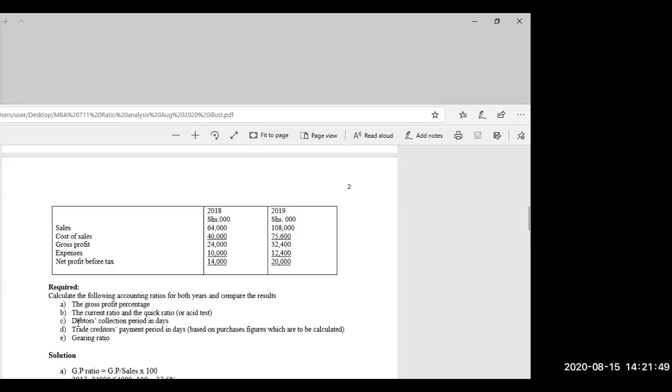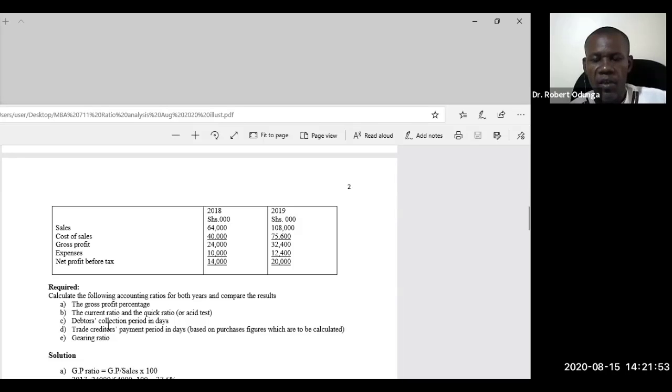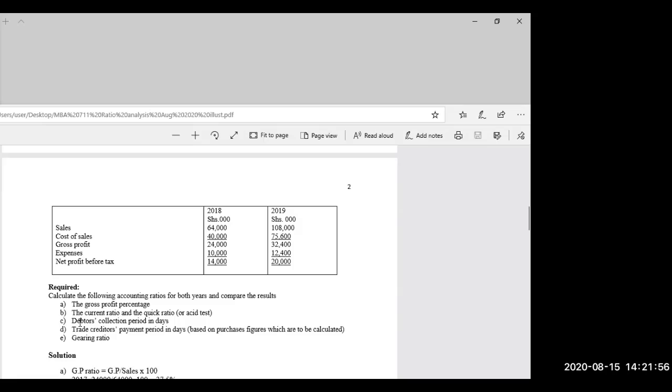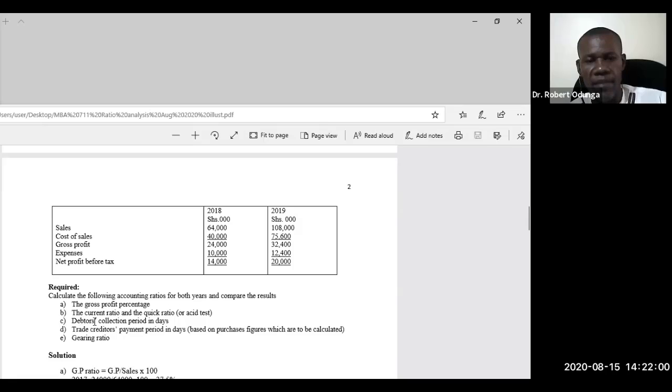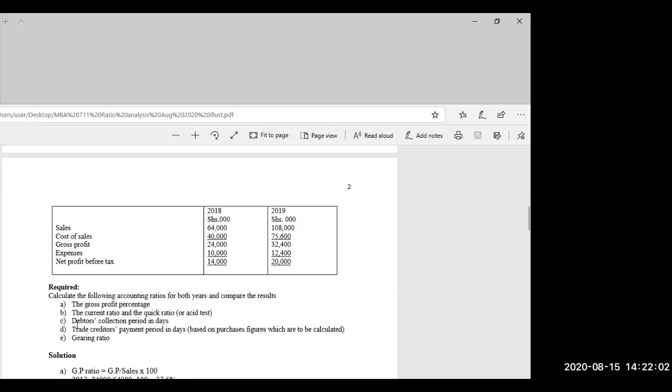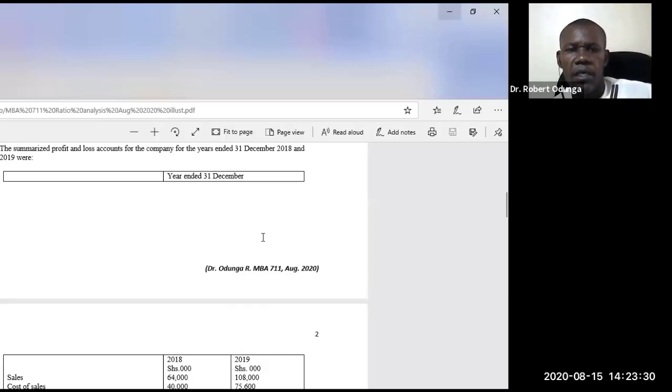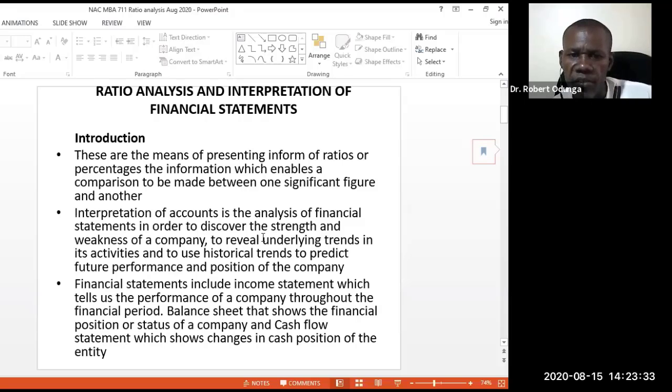So we had looked at part A of the question and part B of the question. So I want us to move on to part C of the question, which is asking us to determine a current ratio, the debtors collection period in days.